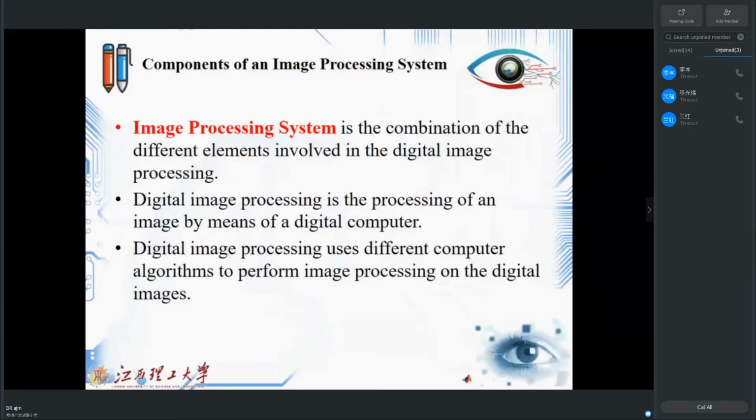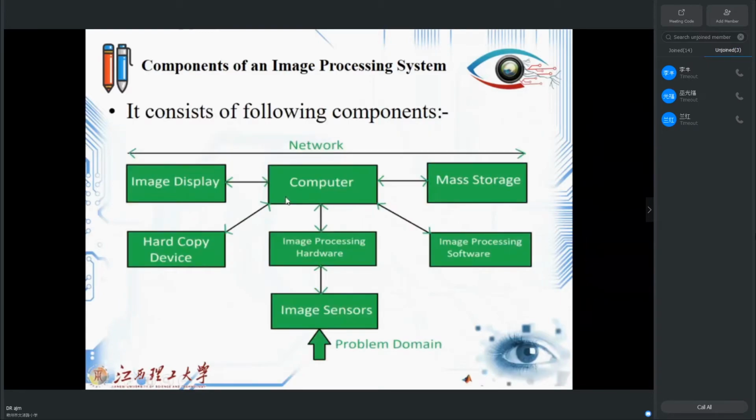But in the lecture notes, there is more description of this system. In all, we can say that we have these elements: image sensor, image processing hardware. We need one computer to interpret. Then this computer should have a hard copy device, some image display, a monitor like that, some mass storage, and it should have some image processing software.